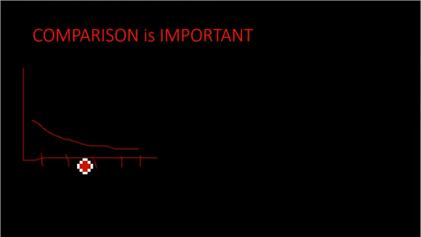Is this favorable or not? Normally students will say it's unfavorable because the trend is going down. Now, that is if we are just looking at the sales of our company.